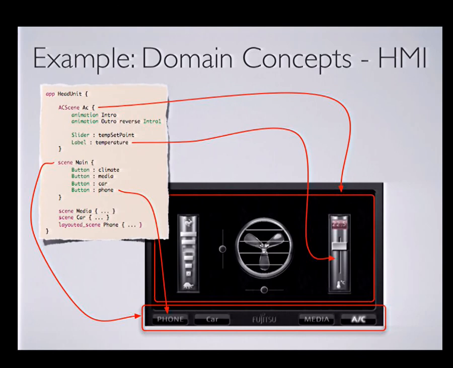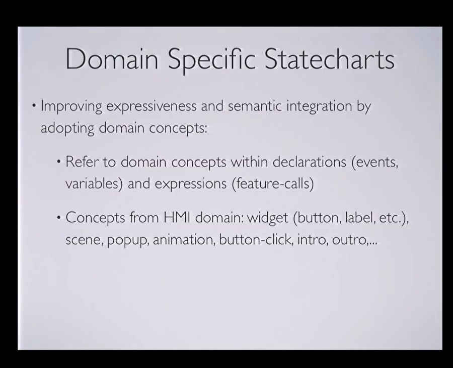I'll give you an example. The domain of human-machine interface modeling, for instance, deals with concepts like scenes or certain widget types like buttons or sliders or labels. And these widgets have certain features that are intrinsic to them. For instance, a scene can be started or stopped, a button can be pressed, a slider can have different values, and so on. And what we really want to do is enhance our Statecharts so we can directly deal with these domain-specific concepts.